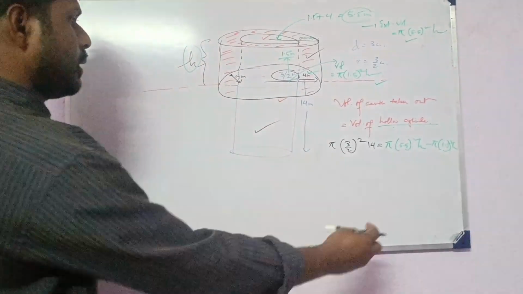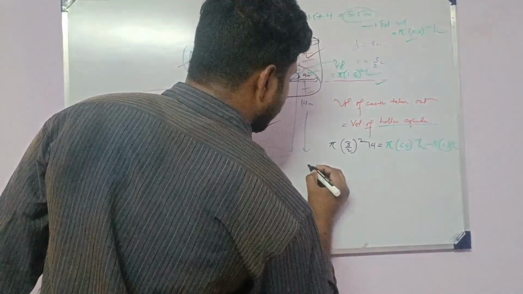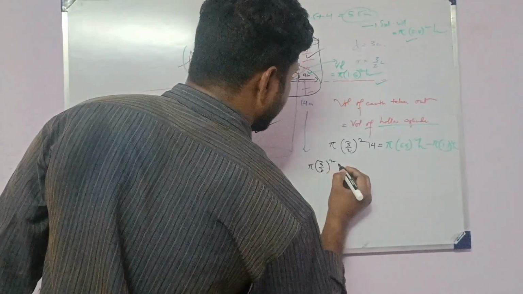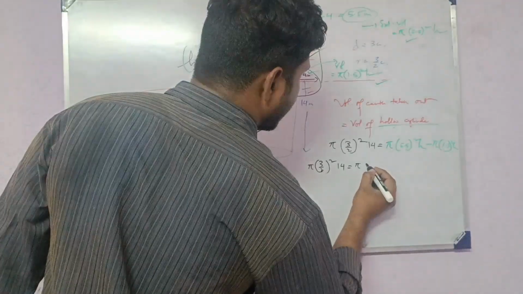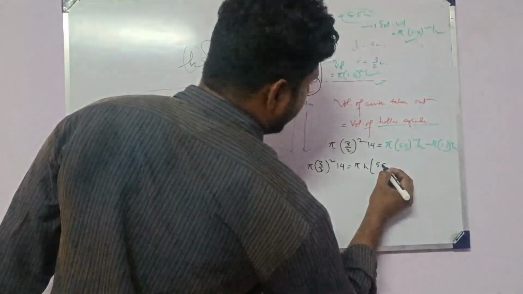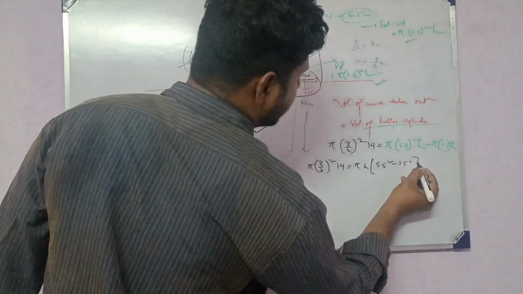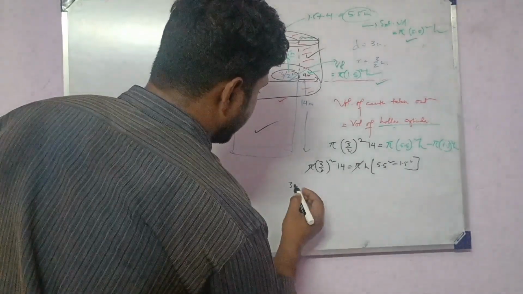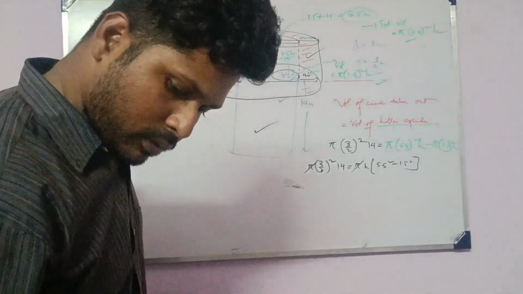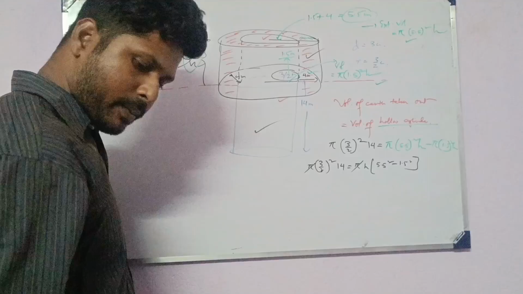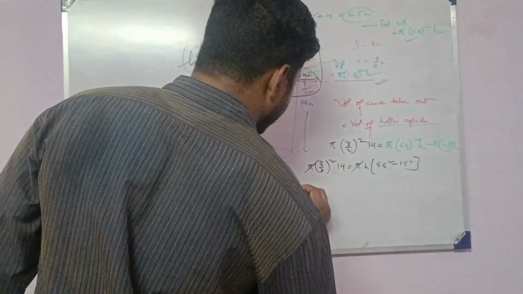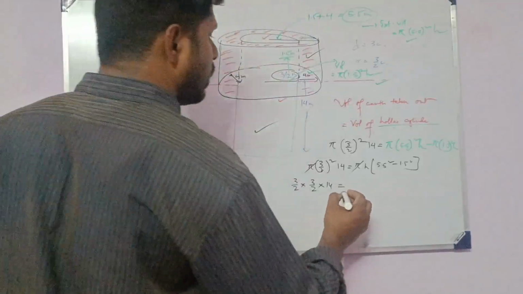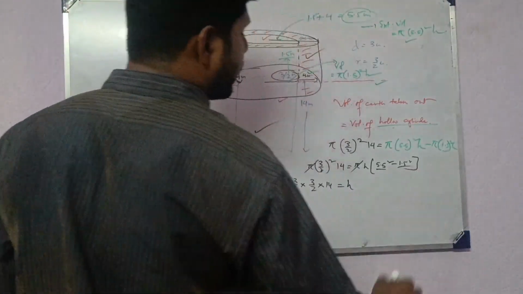Now we have to solve the sum. So pi 3/2 whole square into 14, taking pi h common, we are getting 5.5 square minus 1.5 square, pi cancelled out, 3/2 into 14 equals h into, that is in the a square minus b square form.